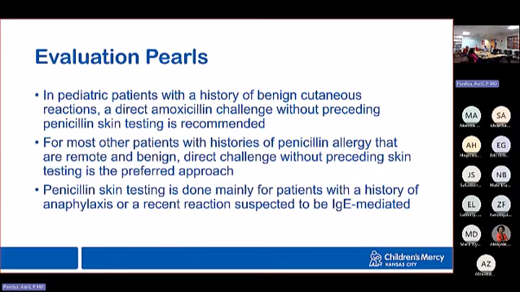Very low risk intervention has been reproduced with multiple studies. For most other patients with a history of penicillin allergy that's remote and benign, again, a direct challenge can be offered. And then I think I've emphasized here that penicillin skin testing is done mainly for a history of anaphylaxis or recent reaction suspected to be IgE mediated.